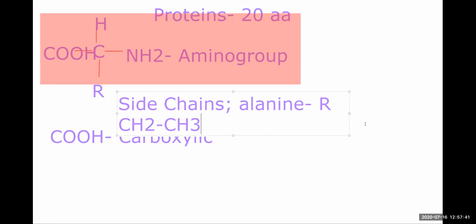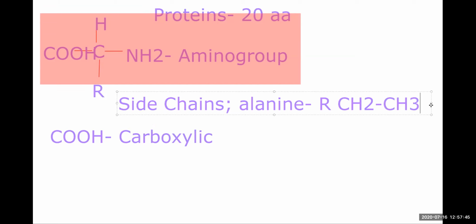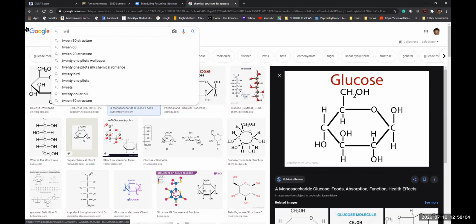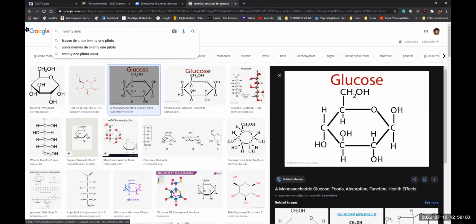It is difficult to write the exact chemical formula, so let me go to Google to show you exactly what the chemical structure of alanine looks like. So first, look at the 20 amino acids.